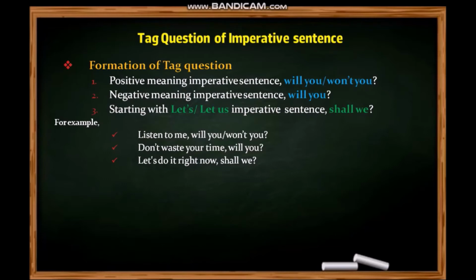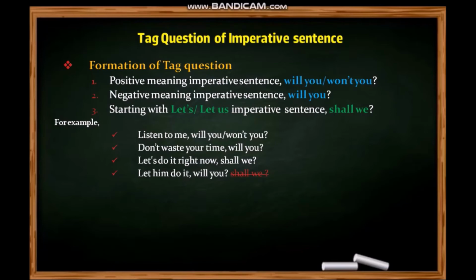But keep in mind, if there is no let's or let us, the tag question will be will you. Like in this sentence, let him do it, will you? If you write shall we, then the answer will be incorrect. Why? Because there is no let us or let's in this sentence.